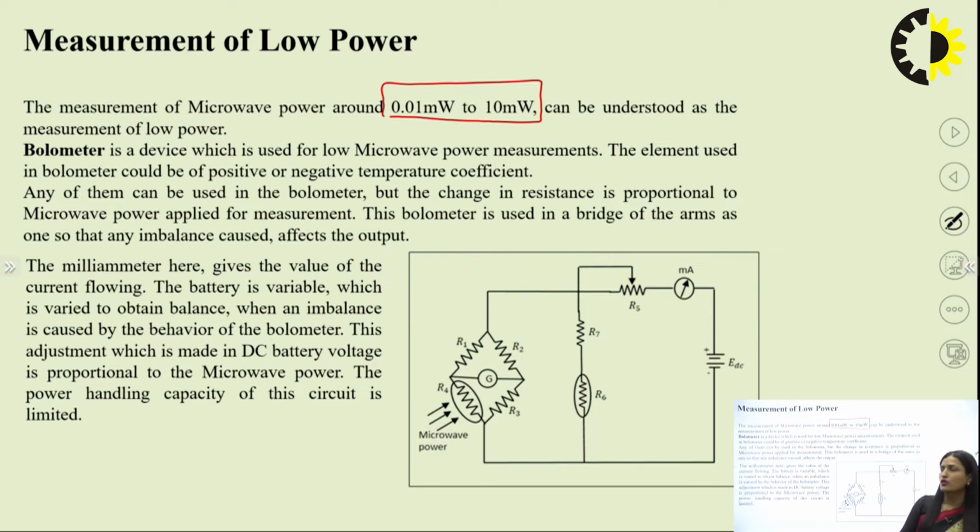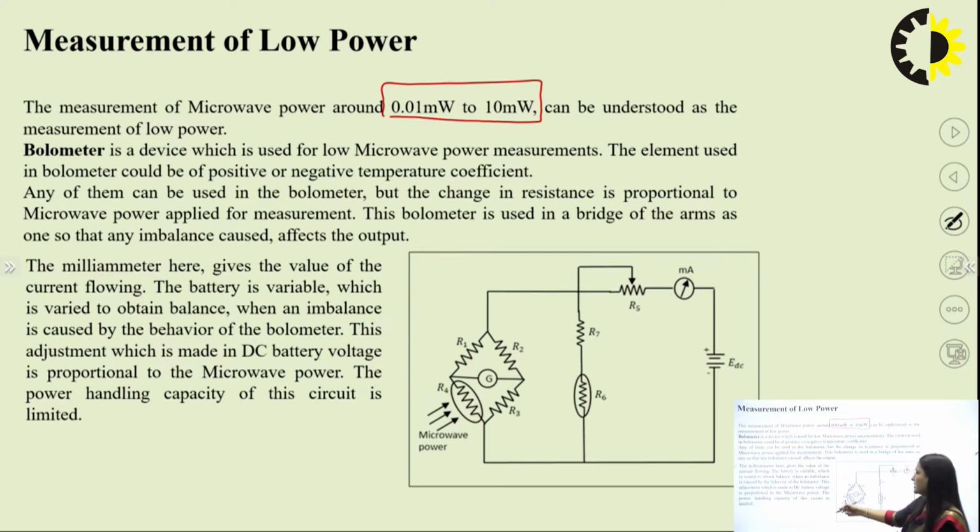Okay, so the galvanometer is used to find out the deflection of the bridge. If the galvanometer is at the 0 position, then the bridge is balanced, and if there is an unbalance because of the supplied power, then the galvanometer will give some reading.